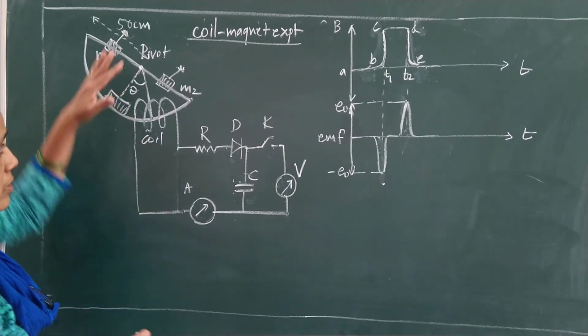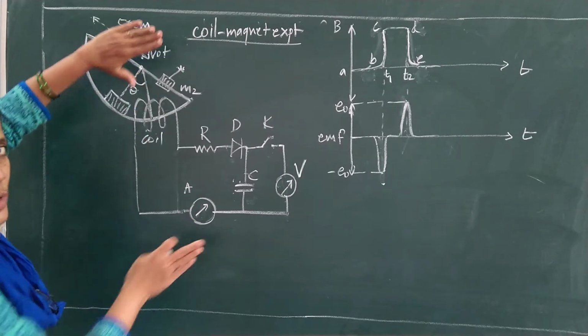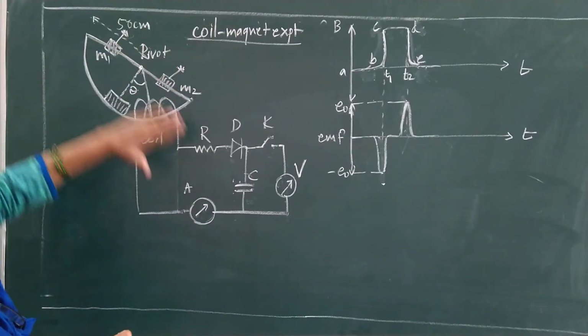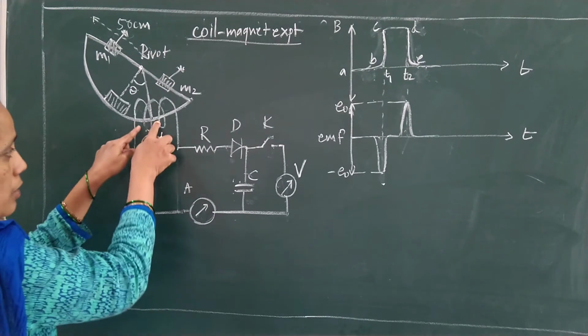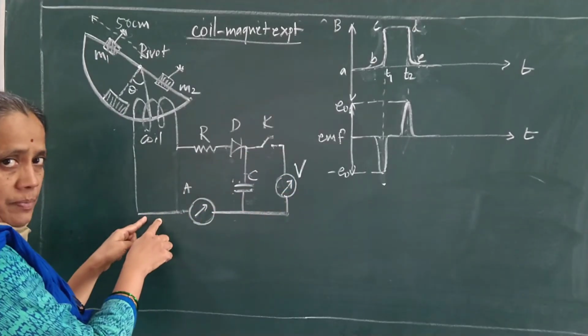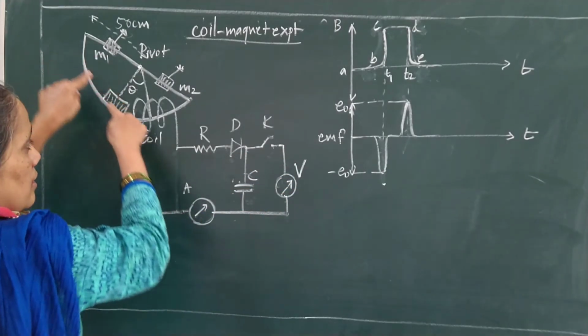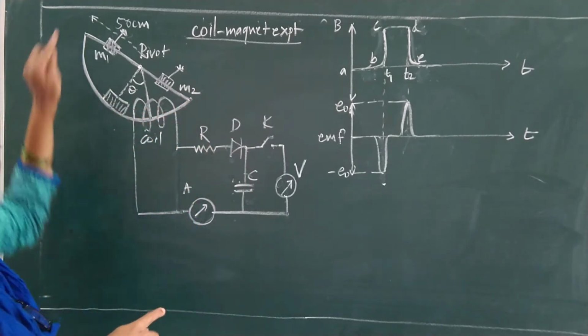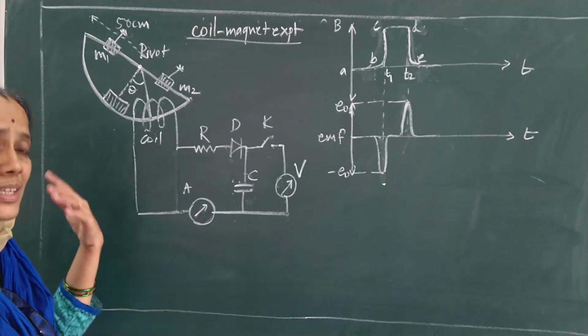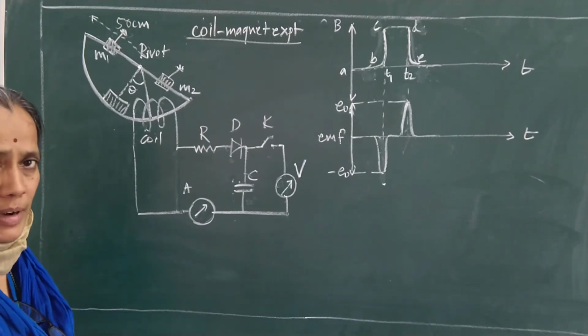In the textbook, these two circuits are shown separately, but to explain it, I have connected them together. So the circuit is connected to the coil, and the semicircular arch is set into oscillation. This is nothing but your coil-magnet experiment.